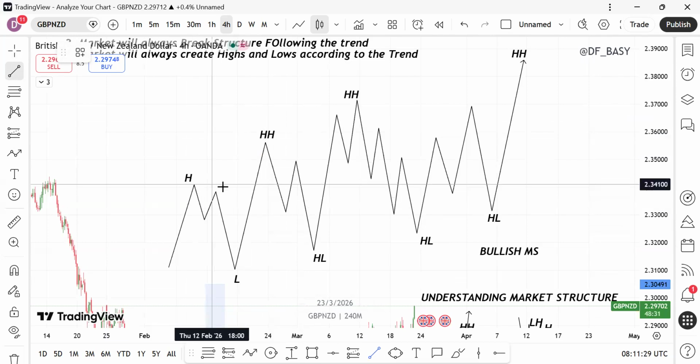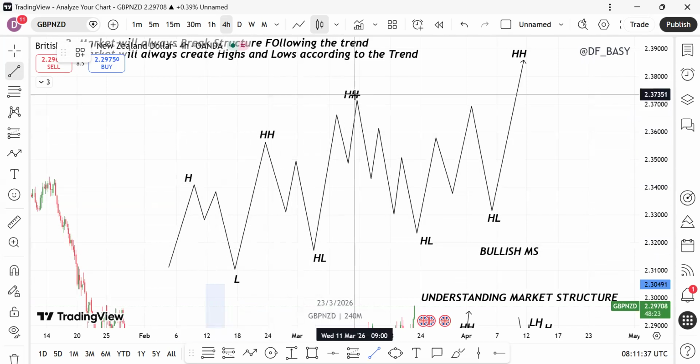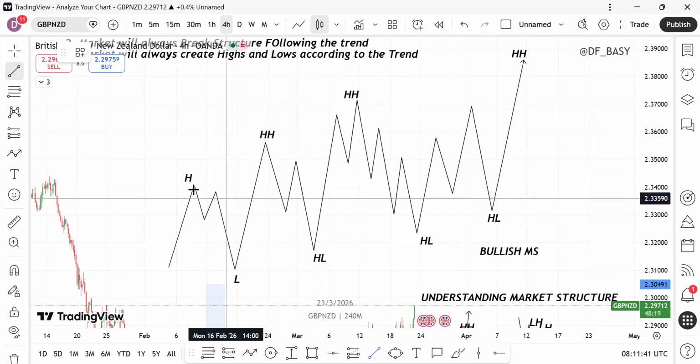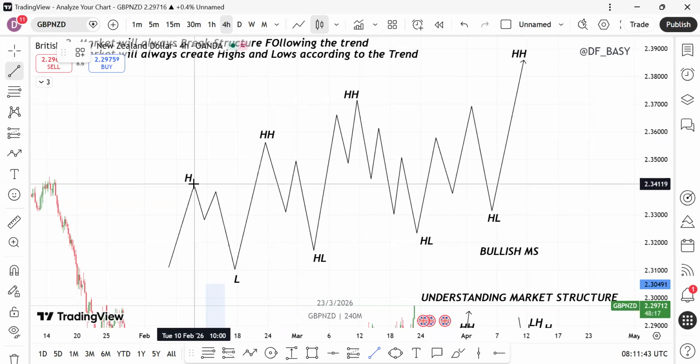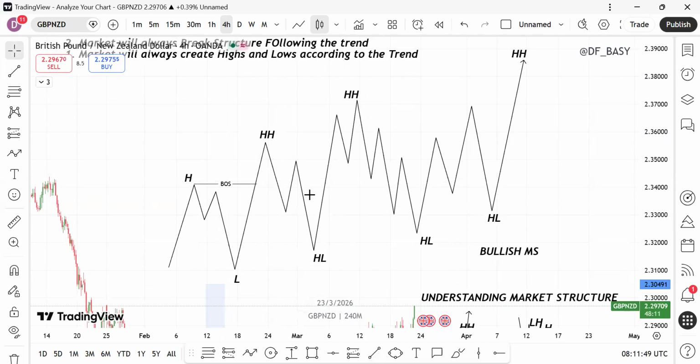Remember I told you guys, once the market breaks above a high in a bullish trend and closes above it, it comes back, creates another higher high, higher low, then creates a higher high, breaks, and keeps on breaking structure to the upside, it is a bullish market. So you can see here, the market did this. You have this break of structure here. You have that break of structure to the upside.